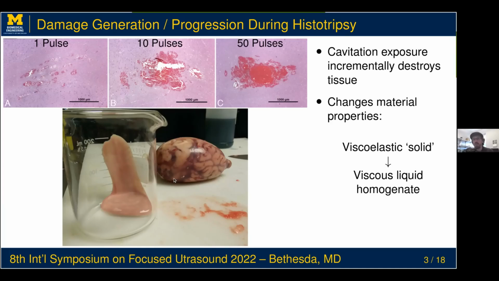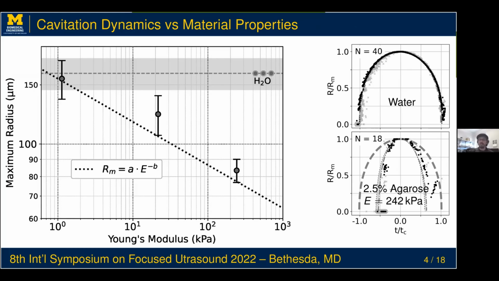And so we can say that this changes the material properties. Initially, it's a viscoelastic solid, and then it just turns into a viscous liquid. And that gives us perhaps a way to monitor induced damage. And how do you do that? Well, if you think about how cavitation dynamics depend on material properties, we've previously shown that in stiffer materials under otherwise equivalent nucleation conditions, the maximum radii of bubbles are smaller than they are in weaker tissues.